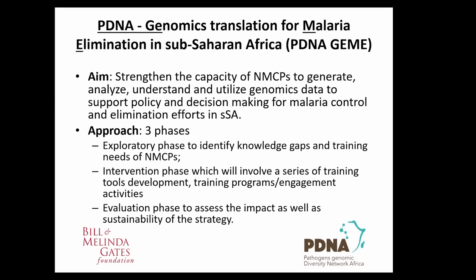That will be followed by the intervention phase, in which we will involve a series of training tool development and the delivery of training and various engagement activities with NMCPs. And then the final phase would be an evaluation to assess the impact, as well as see how this can be sustained. Next slide.